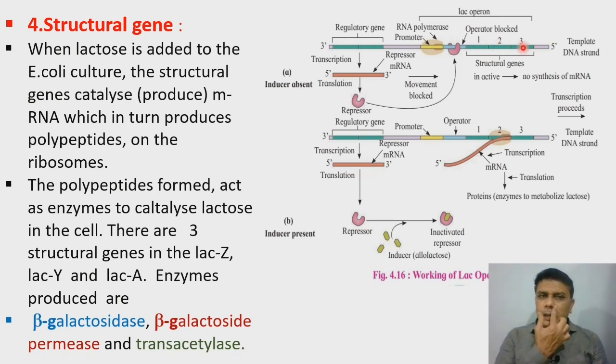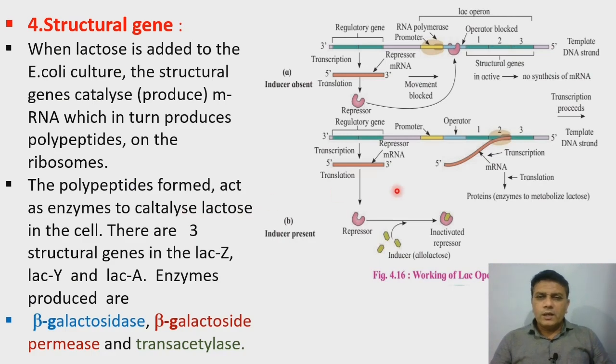So these structural genes will produce messenger RNA by the process of transcription. Then afterwards, the messenger RNA along with ribosomal RNA and transfer RNA will carry out the process of translation. That means here we can see the polypeptides formed.